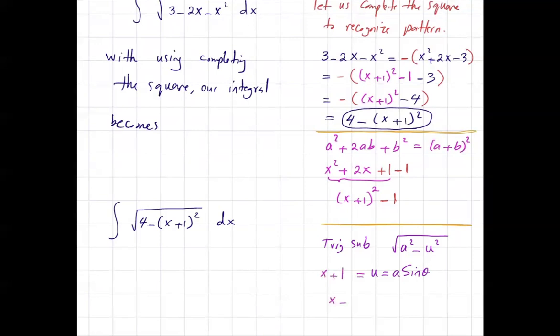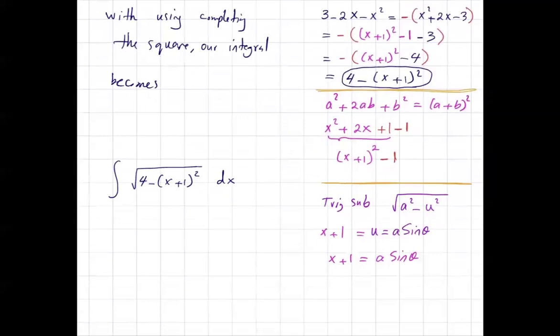So x plus 1 is equal to a sine theta. And then dx is equal to a cosine theta d theta.